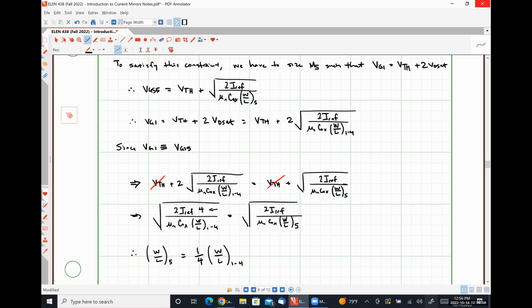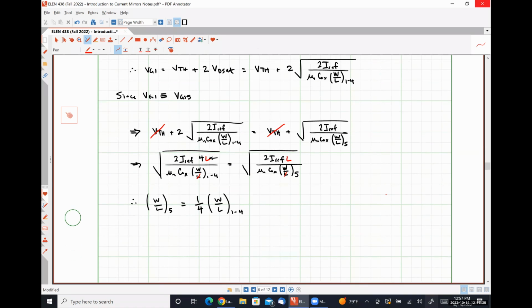So effectively, if we did some math here, if we pull our L's out from here and put it up here, these things will be equal if W over L of 1 through 4 times 1/4 is equal to W over L of 5. Yeah, sorry, got my algebra in my head messed up a little bit.